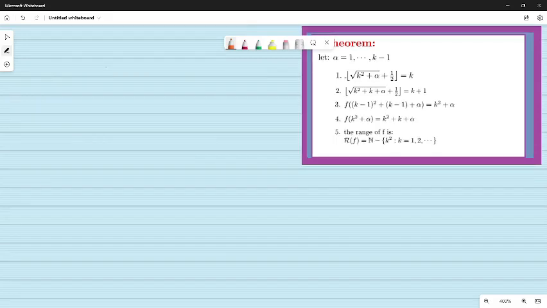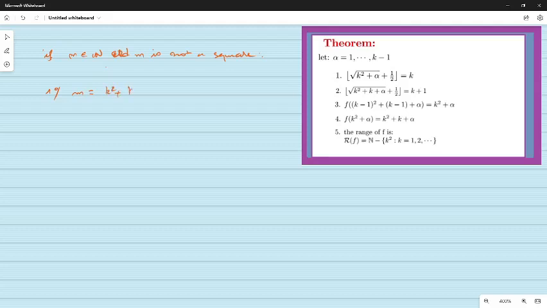Now we come to the last step. If m is an integer, m is not a square. Then we have these cases. M has this form, or M has this form.